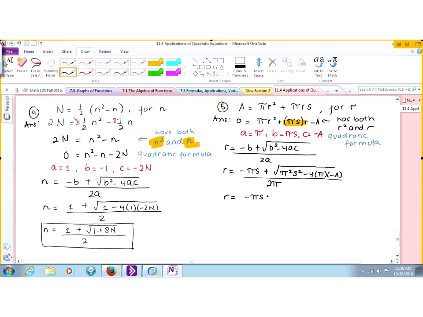So r is negative pi s plus square root of pi squared s squared, plus 4A pi or 4 pi A, doesn't matter, divided by 2 pi.